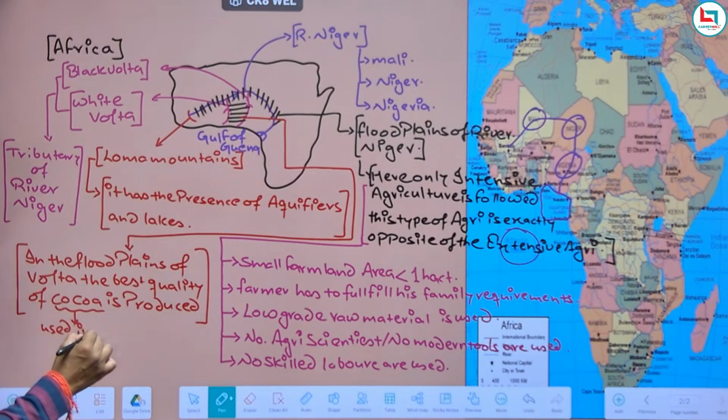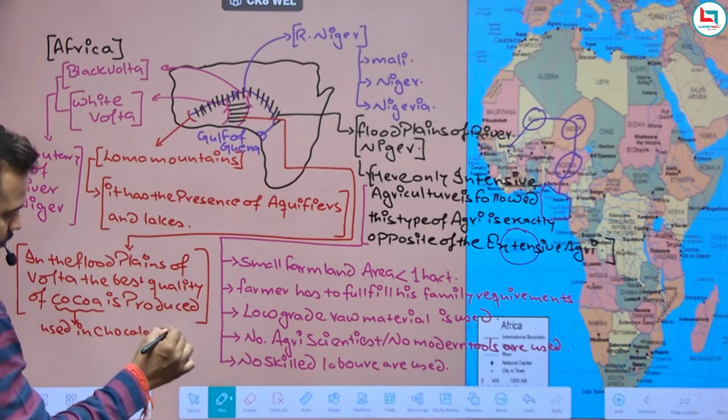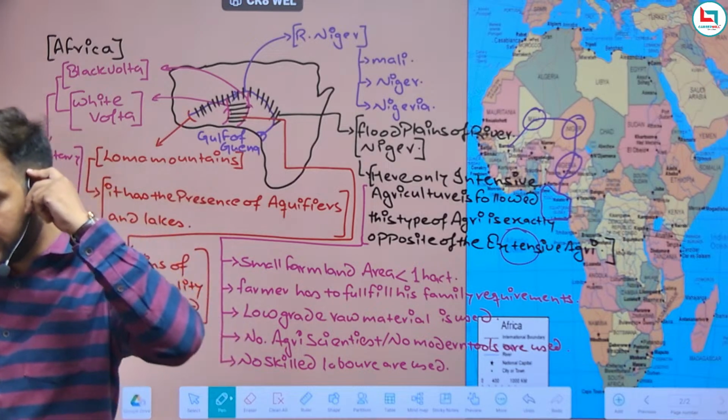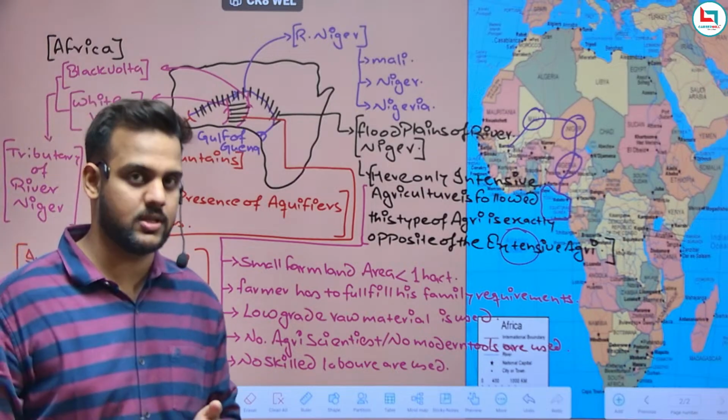used in the chocolate industry. Okay, and you people know that the best quality of chocolate is produced by Belgium, Netherlands and Switzerland.